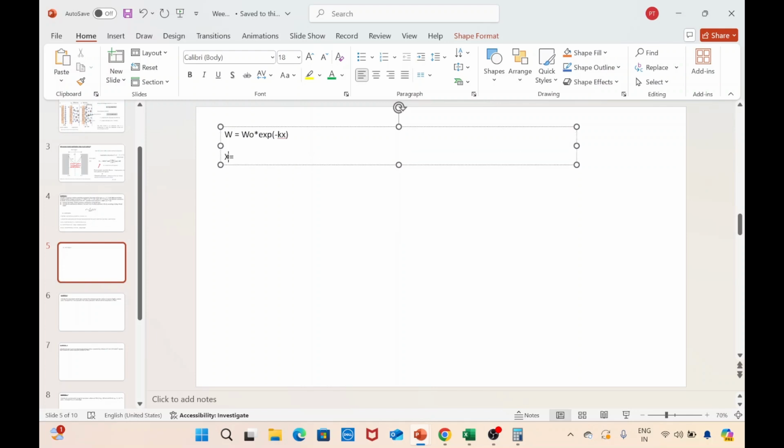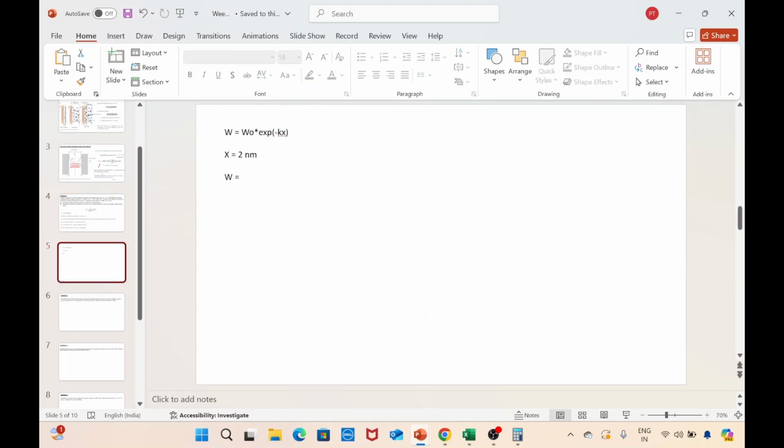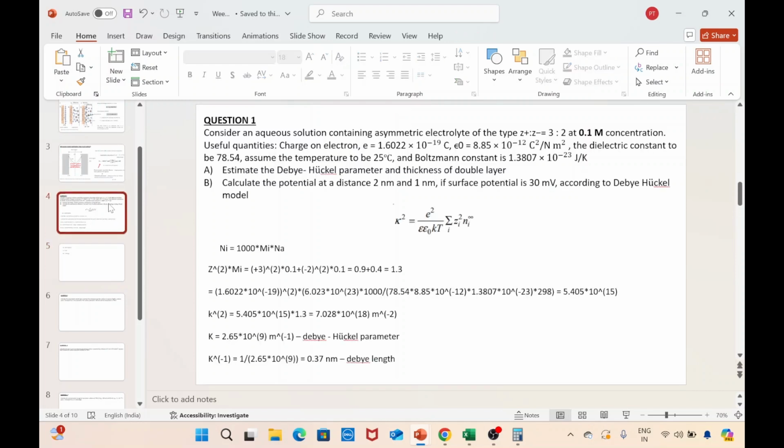So here x is given as 2 nanometers. Surface potential is 30 millivolts. So let's keep everything in millivolt first. So I'm just going to write 30 times exponential of minus kappa.